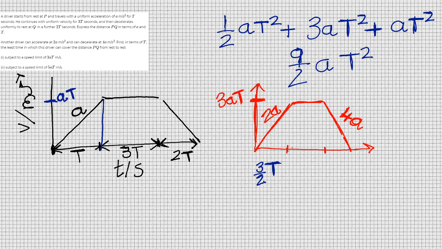So 3at over 3 over 2t. The t's cancel, the 3's cancel, and you're left with 2a.